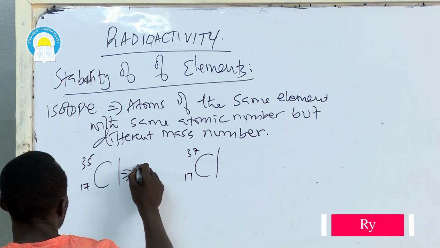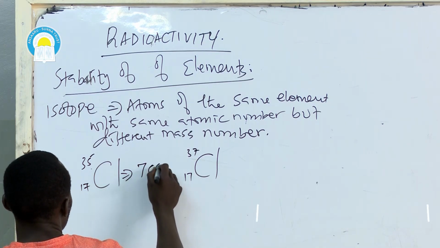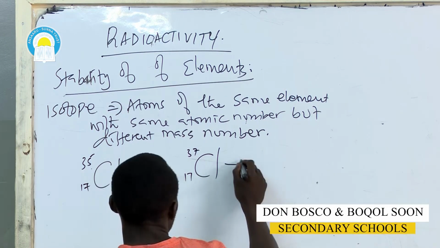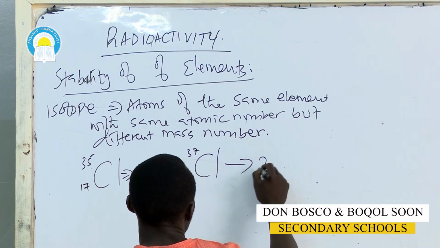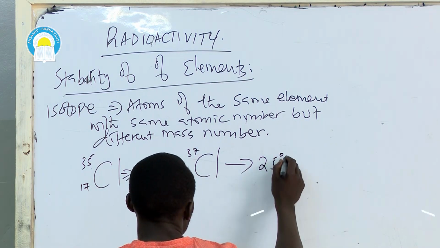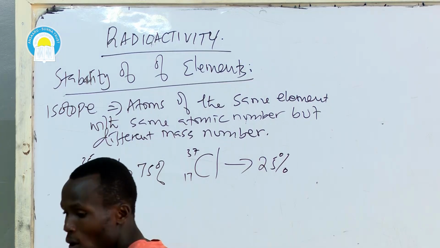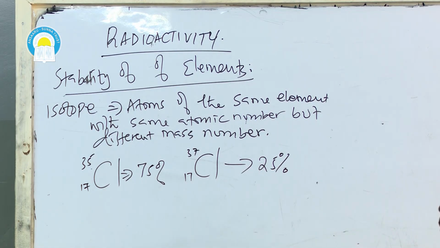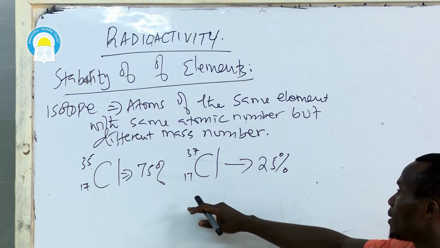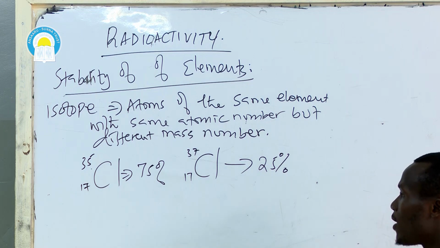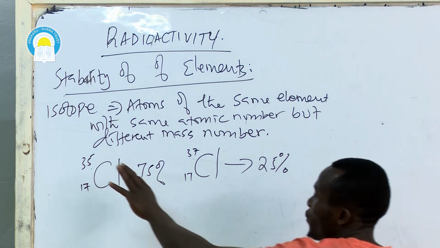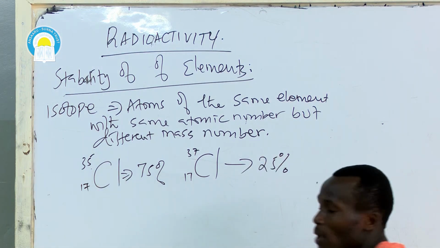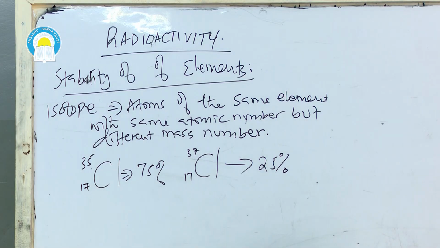This one has a percentage abundance of 75%, and this one has a percentage abundance of 25%. Therefore, the number of neutrons that they have differs. That's what causes their differences in mass number.